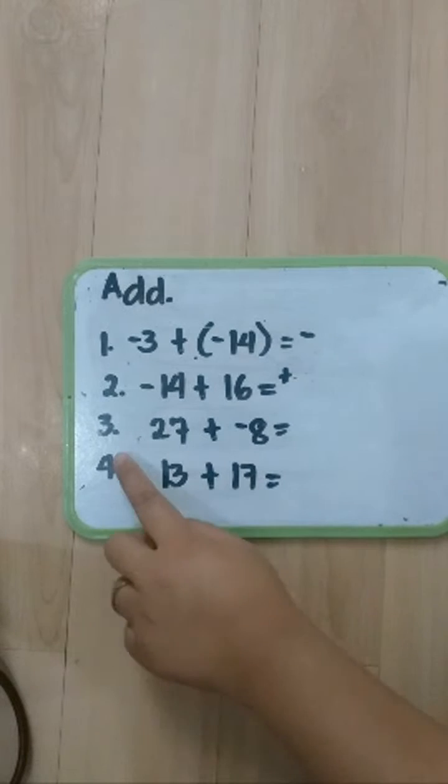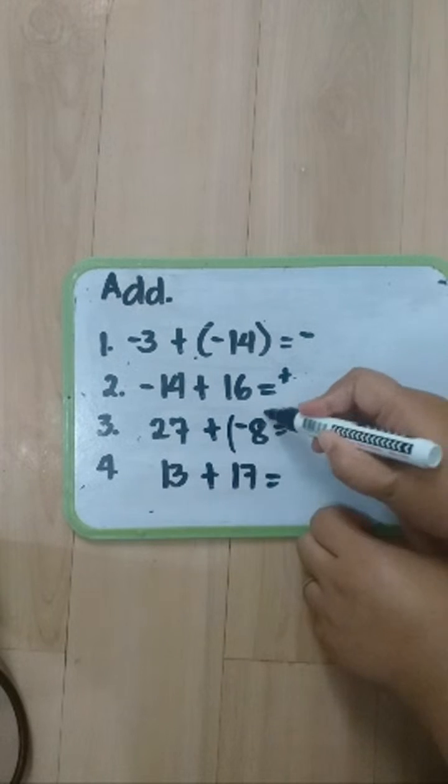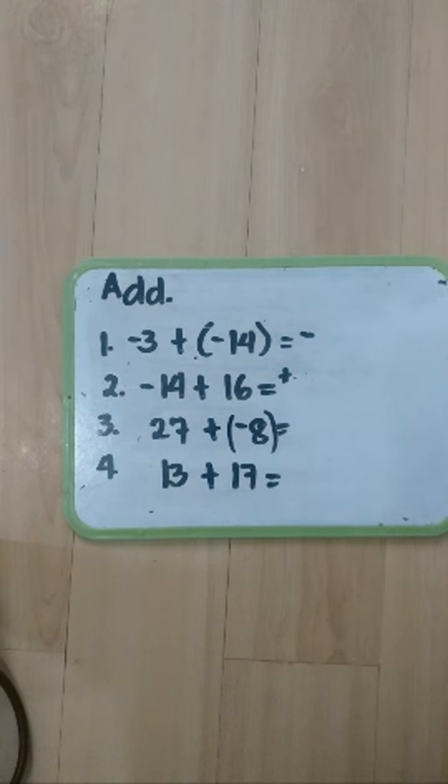Next, for number 3, you have 27 plus negative 8. Which has the greater absolute value? 27 or negative 8?